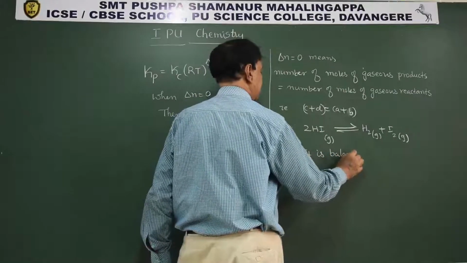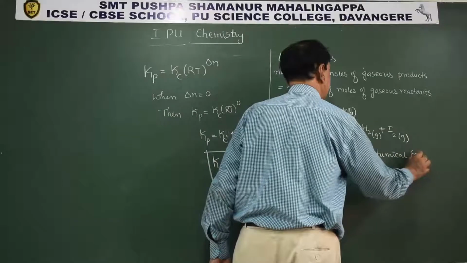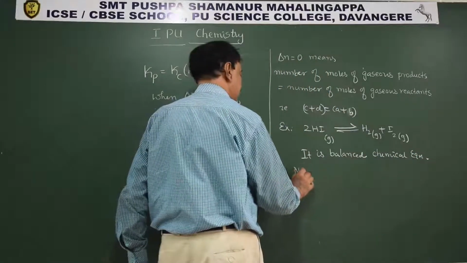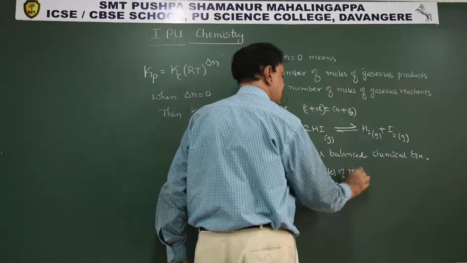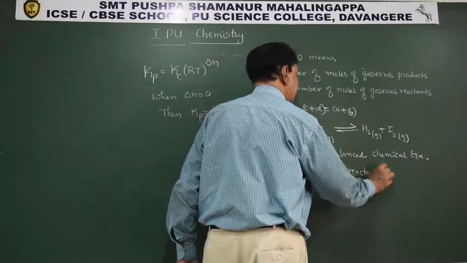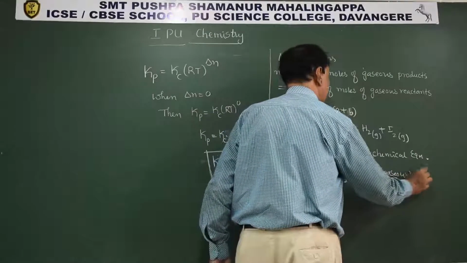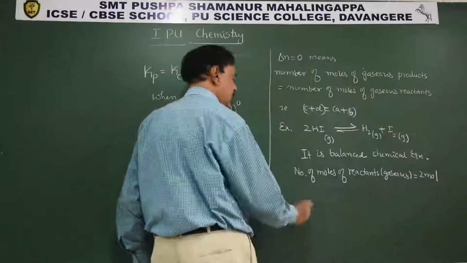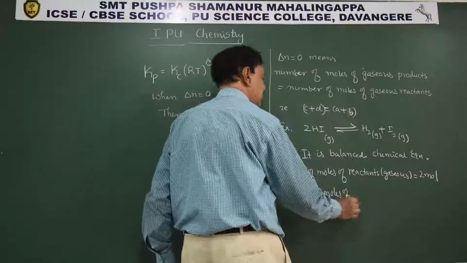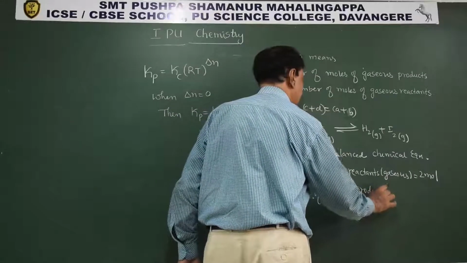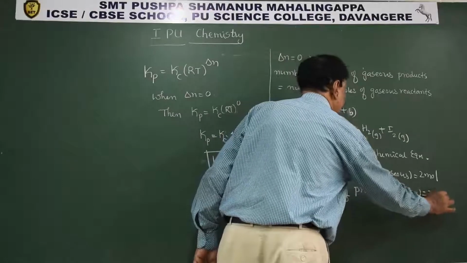The number of moles of reactants in gaseous form is equal to 2 moles.